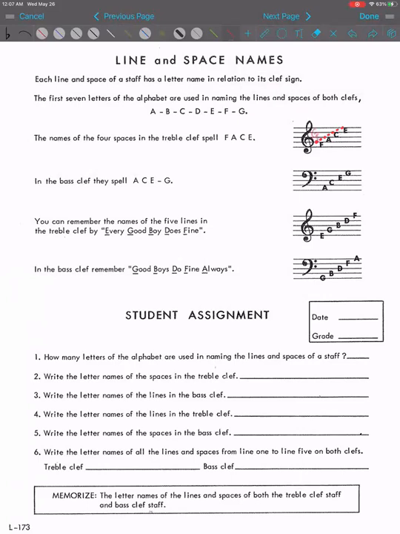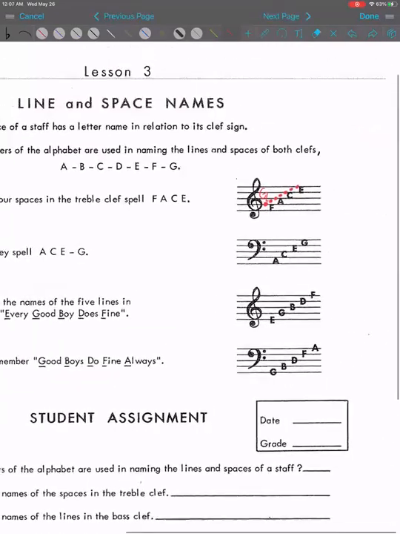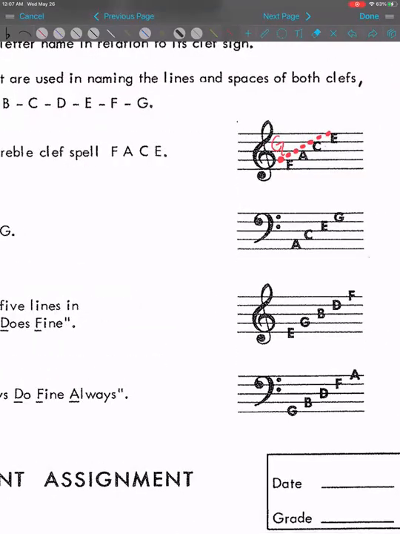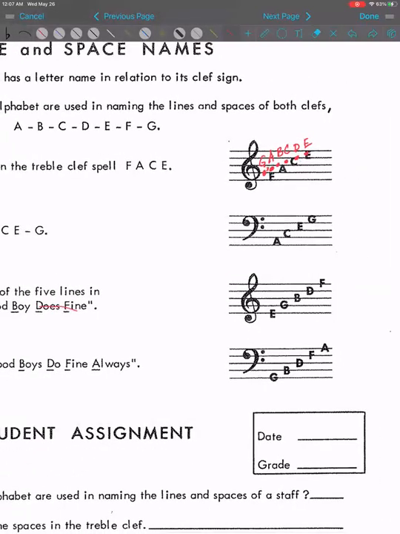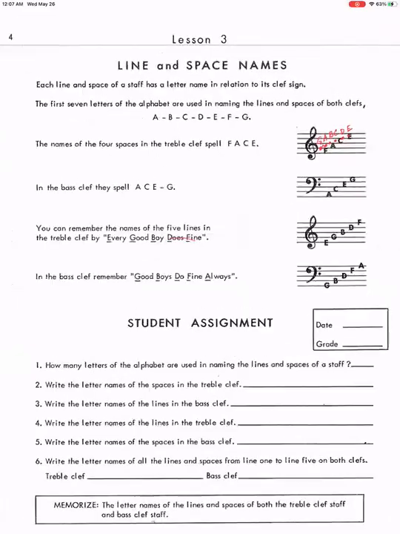So the first one, for example, was G. So G is on the second line, and so the next one, which is going up to the second space, will be A. And then if you keep going, it will be B. If you keep going to the third space, it will be C. And then fourth line will be D, and then E. So you notice that it's in the order of line, space, line, space.